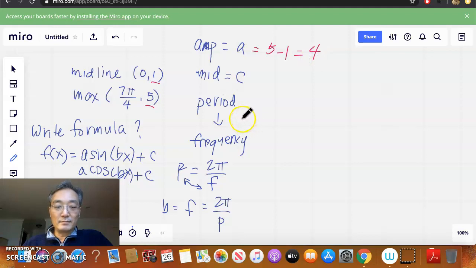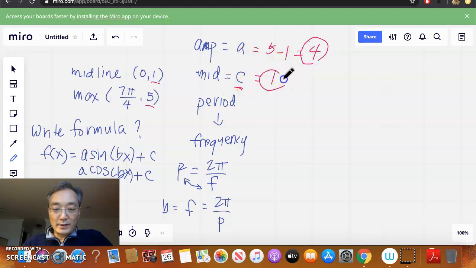Perfect. Now, in order to find our midline, well, excuse me, the midline is given to us, so we know the value of the midline, which we are now calling c. It's 1. There we go. So we have the amplitude, we have the midline.